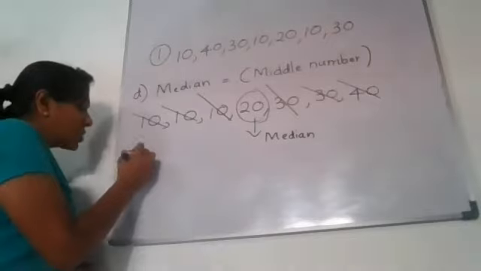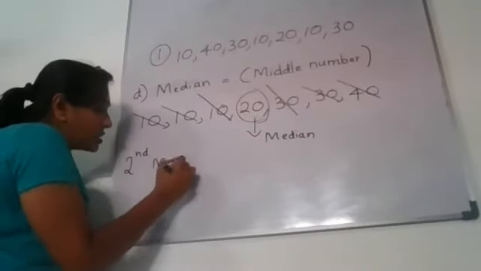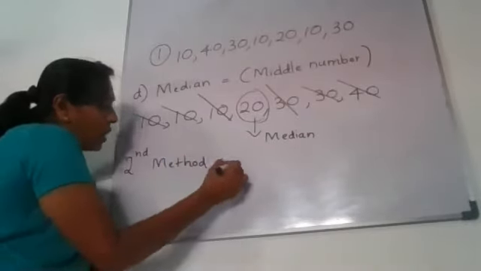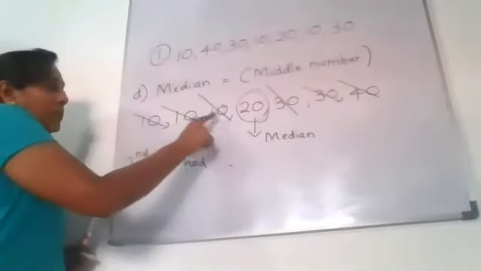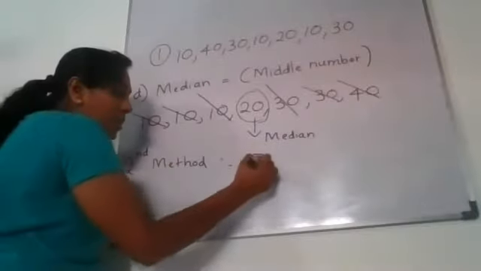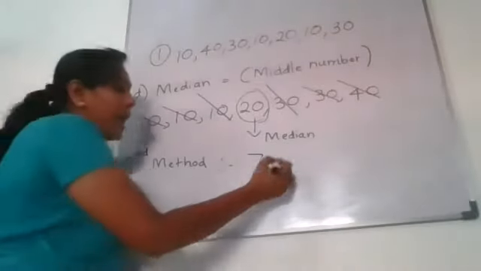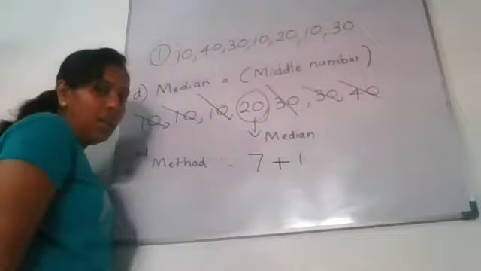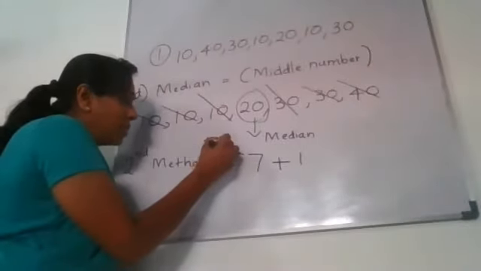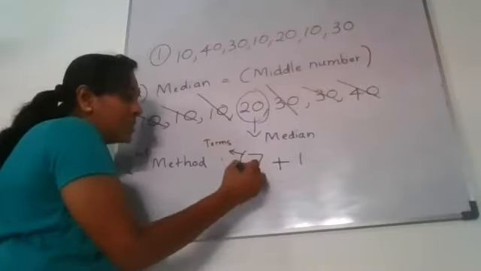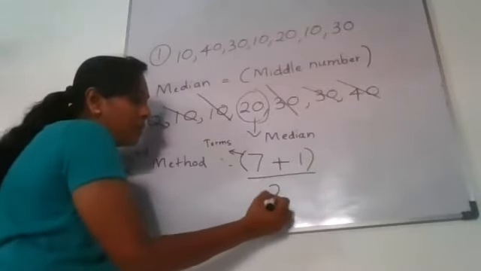Now I'm going to use the second method. In the second method, what you have to do, you count and see how many terms are here. We have counted, we have 7 terms. So then you have to add 1 to that. This is the number of terms you have. Then you add 1 and this answer you divide by 2.